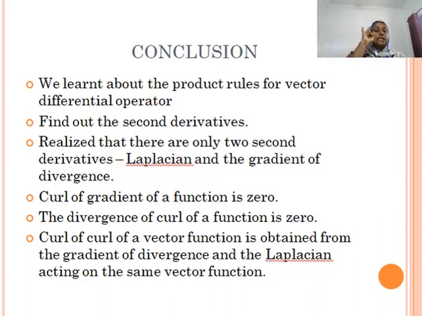Next one is gradient of divergence. These two are completely different operators. Then the third one is curl of a curl. This is given by the first two, gradient of divergence and the Laplacian. And the curl of gradient is 0 and the divergence of curl is also 0. These are the main things we learned in this lecture.